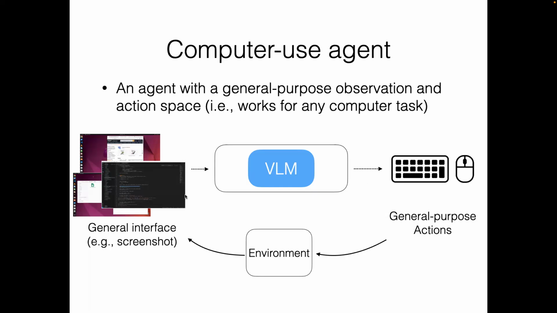So first of all, the agent's observation is not some specific JSON representation or something like that. It's just getting what a human would see from a computer. So say a screenshot. And then its actions, again, are not something specific to a particular environment. They are just general purpose actions that you have with a computer.